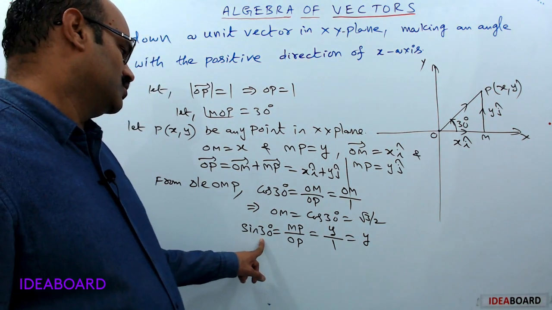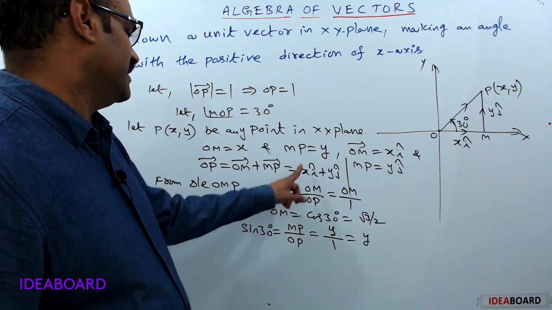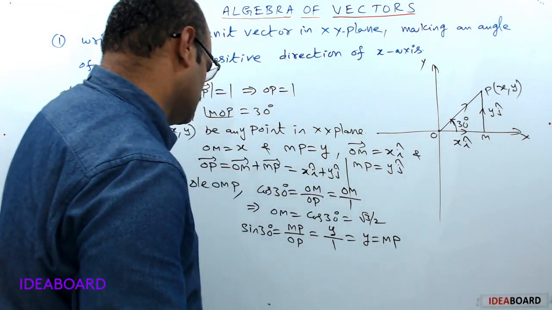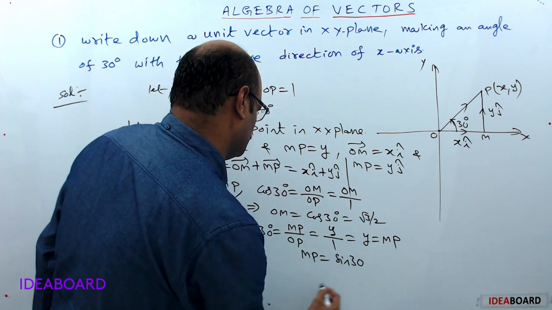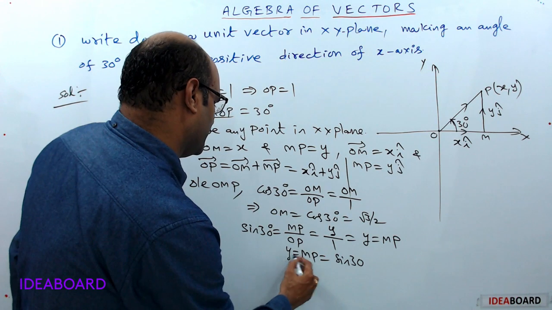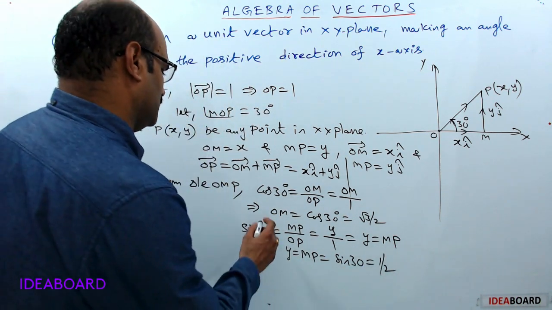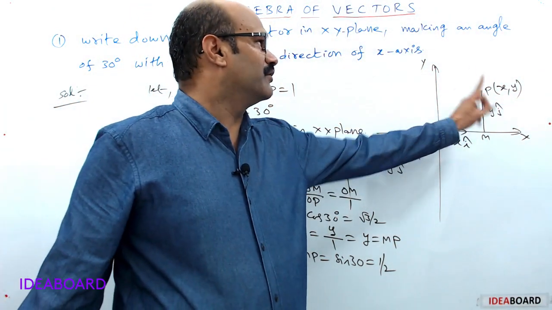So here y equal to sin 30. y is nothing but MP here. Therefore MP equal to sin 30, which is y equal to 1 by 2. OM equal to x.